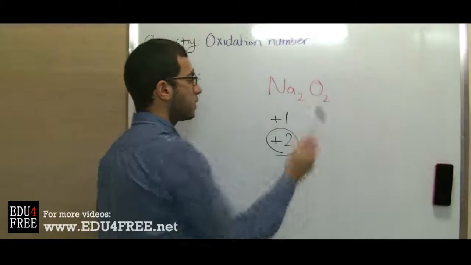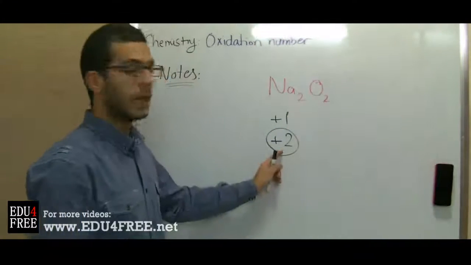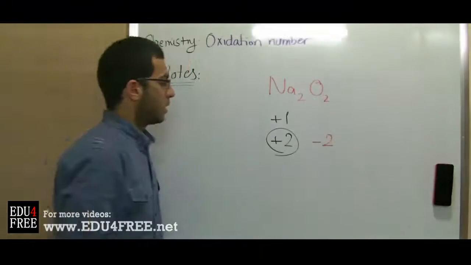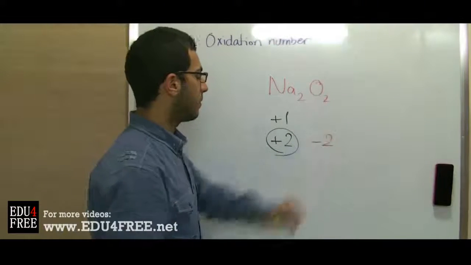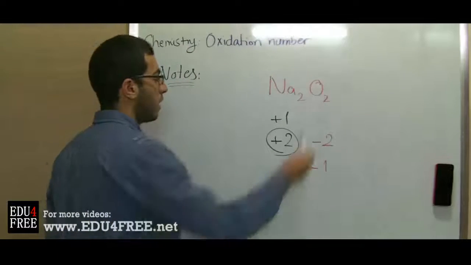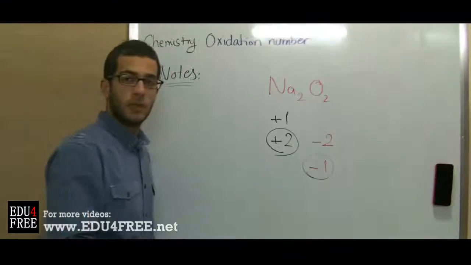So here we have 2 oxygen atoms. Each oxygen atom will take 2 electrons. So as we got 2 atoms, negative 2 divided by 2, we get negative 1. So the oxidation number of oxygen here will be negative 1 and not negative 2.